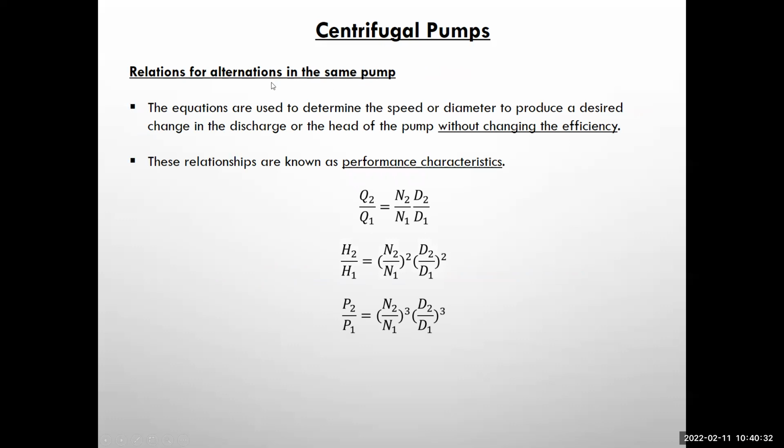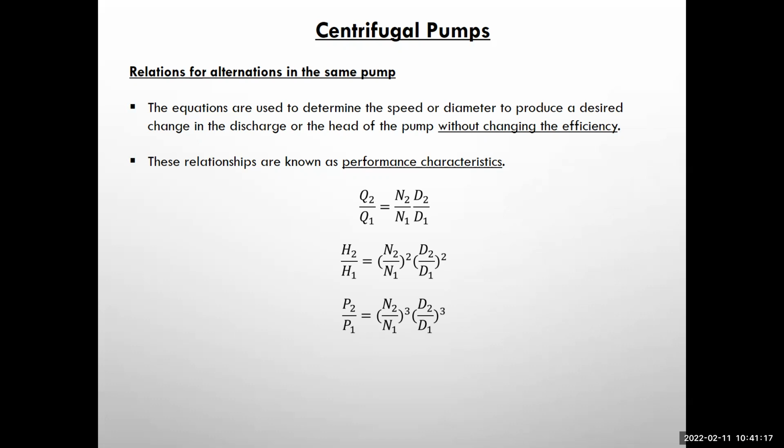Now for this one, how many pumps are we dealing with, 1 or 2? Is the alteration in the same pump? Just one, but within one pump, you are changing parameters, right? And these relationships are called performance characteristics, okay? Those are the few things I wanted to discuss before I start the actual pump characteristics. I know there is lots of new information here, but did you get a little bit of an idea of the pump classification and how you can classify different types of pumps?